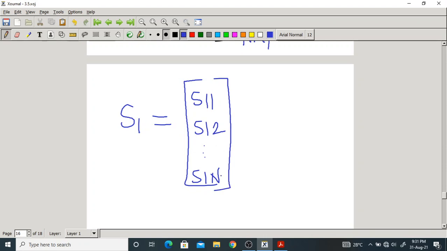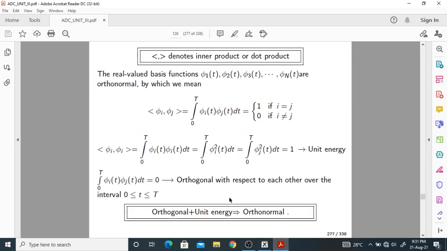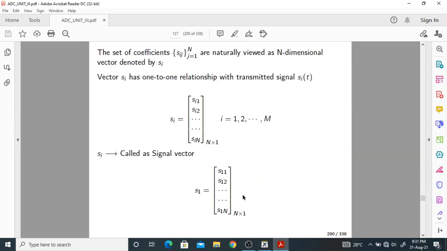S21, S22, so on, S2n. Like this, how many vectors will be there? Si is a vector, I varies from 1 to m, which means we have m vectors of order n cross 1. They are column matrices. Si is called the signal vector. Okay.